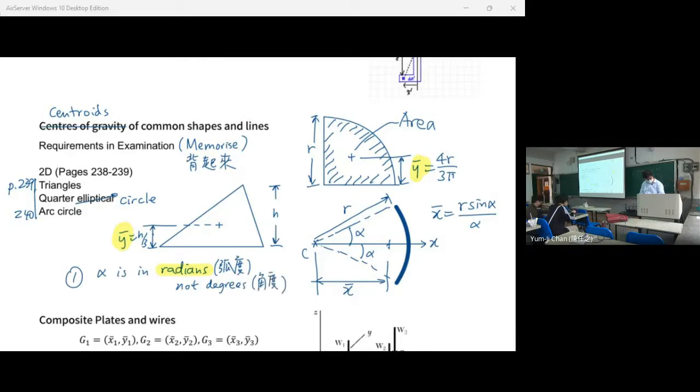And the second thing, the length of the arc is 2 alpha r, which means the angle goes from minus alpha to plus alpha.